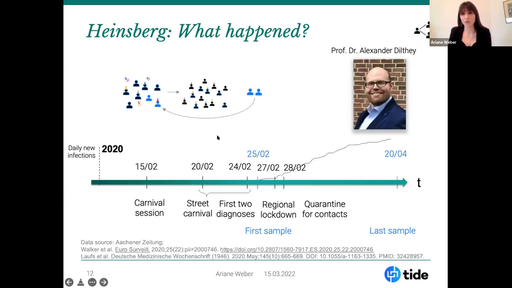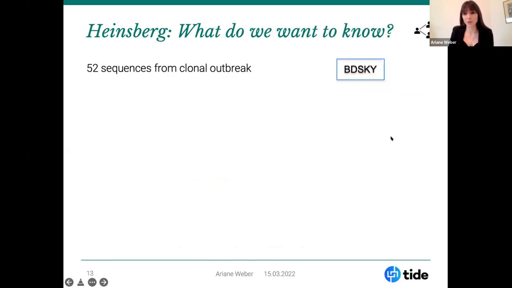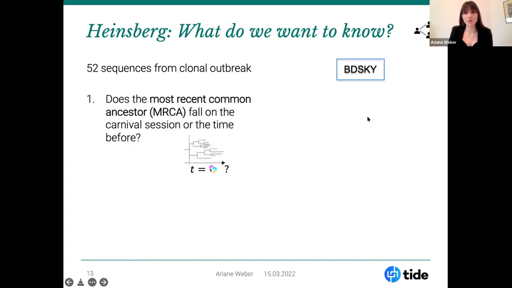It starts with the first sample on the 25th of February, and it goes until the 20th of April, which is the date of the last sample. In total, we have 52 sequences from this clonal Heinsberg outbreak that we analyzed in VD-Sky, so the method that I've just shown. And considering the context that I've just presented, there are 2 main questions that we want to answer with these analyses.